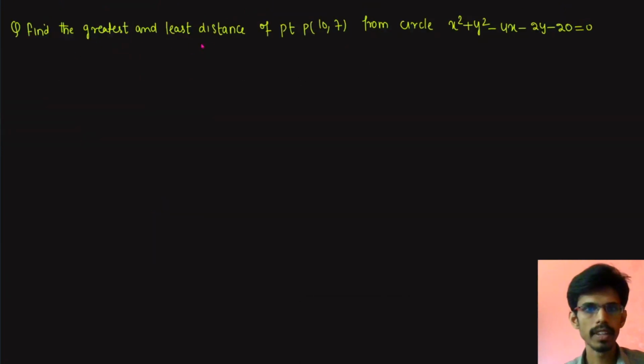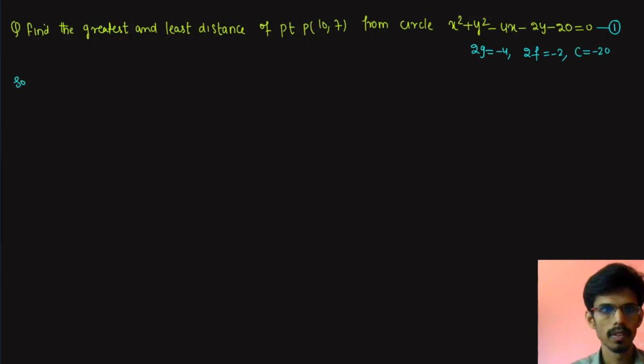Find the greatest and the least distance of this point P (10, 7) from the circle. Now compare this equation of circle with the standard equation. Let us take this as equation 1. Here we have 2g value as minus 4, 2f value is minus 2, and c value is minus 20.